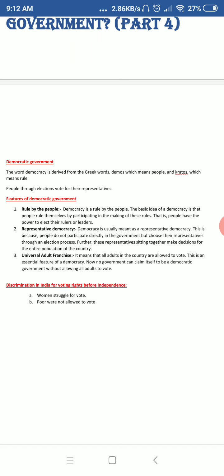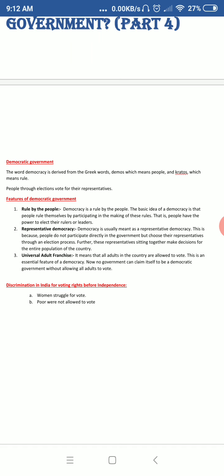Children, this is a very important and major topic in democracy, right? Universal adult franchise means that every adult should get a chance to vote, or should be allowed to vote, right? Then only this is an essential feature of democracy. And adult means above 18, right?